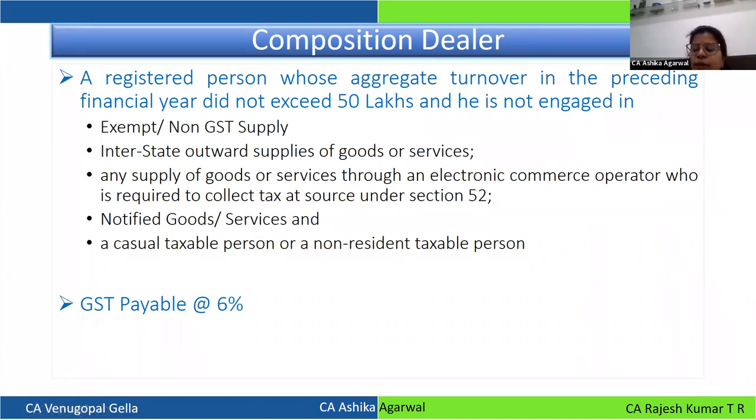Also, not a casual taxable person or a non-resident taxable person. If all these conditions are satisfied, even though you are providing a pure labor contract that is not for a single residential unit, you can opt for the composition scheme, which will ultimately help in reduction of cost and give you competitiveness in the business, because you will be offering at a lower GST rate.